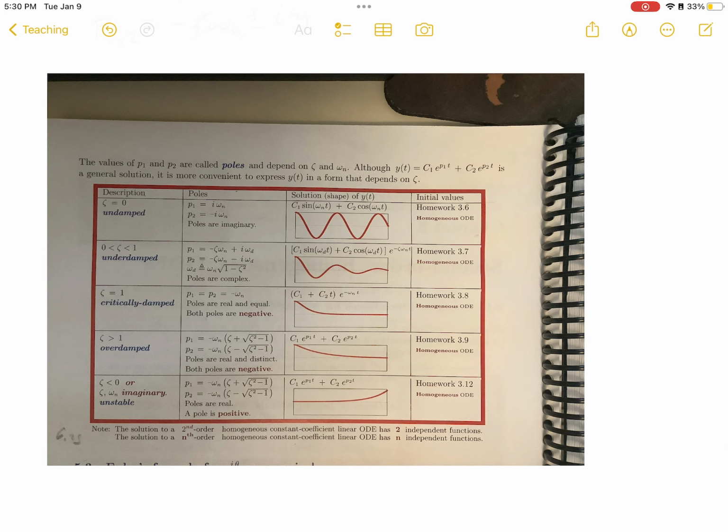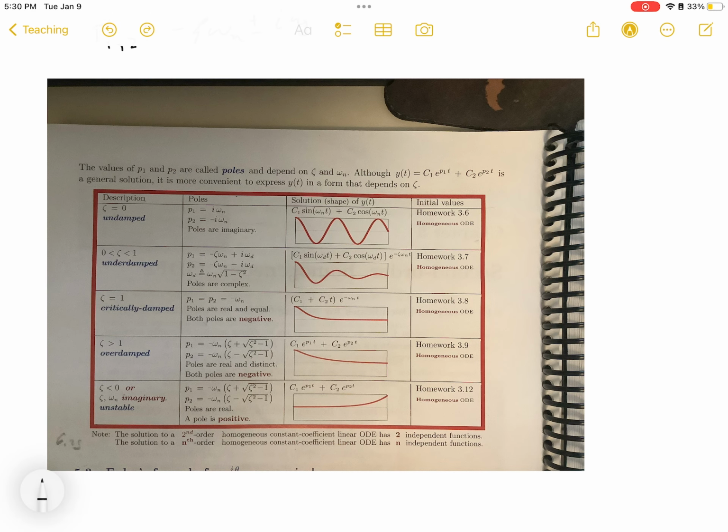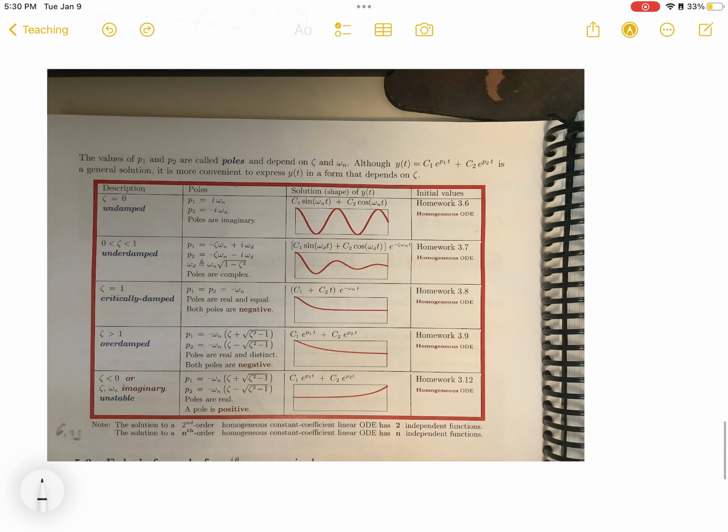So you can see in this top row, if zeta equals 0, then it's undamped. You can see the picture of the solution there. It looks kind of like a sine wave. And the solution simplifies to a sine plus a cosine. In the second row the solution is underdamped, and in the second column we can see what P1 and P2 are, and you can see that there is some oscillation, but the system decays in relation to zeta.